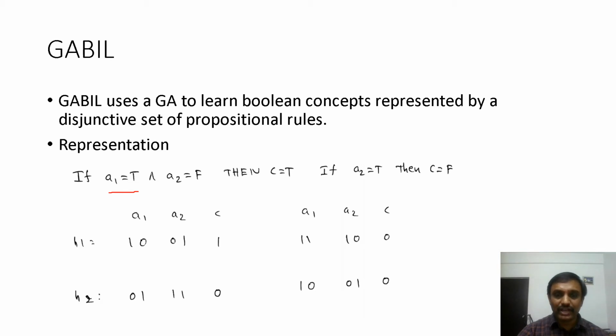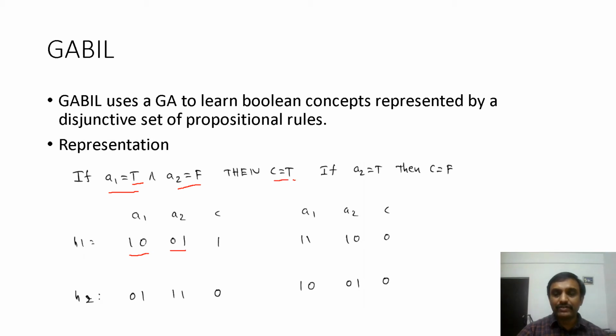There is only one output, C. What are the probable values for A1? True or false. Here A1 is true, that's why its value is 1 0. A2 is false, so 0 1. Next, C is equal to T.